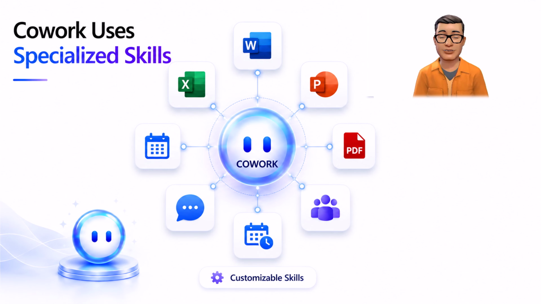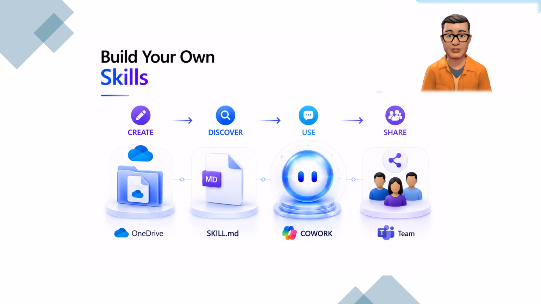And there is an interesting extension here. Organizations can create their own custom skills as well. Custom skills allow organizations to extend what Cowork can do. The source documentation describes storing custom skills in a specific Cowork skills folder in OneDrive. A skill uses a SKILL.md file containing its name, description, and instructions.